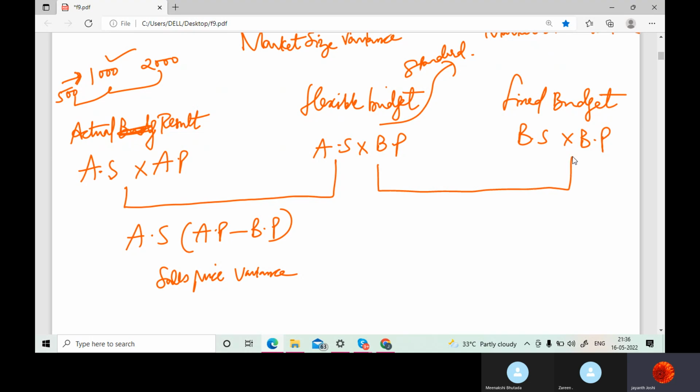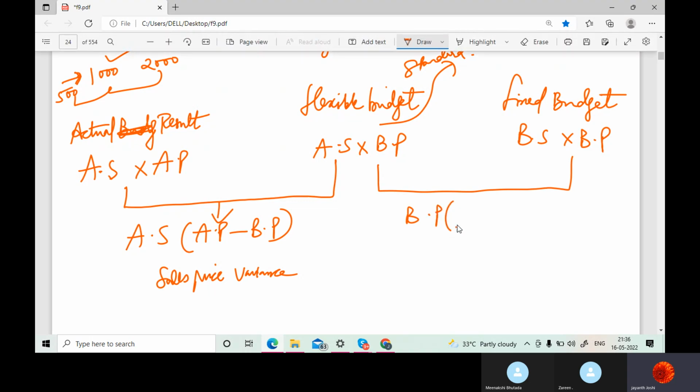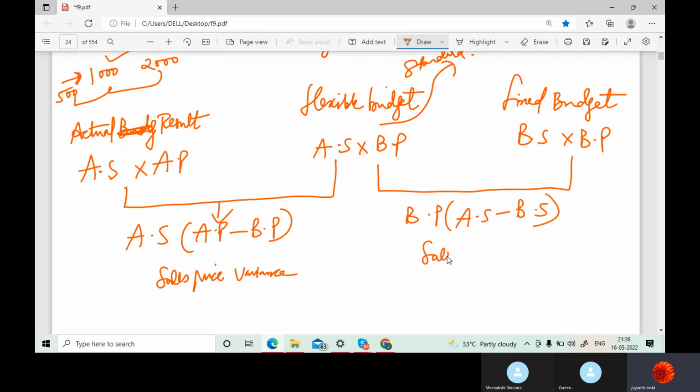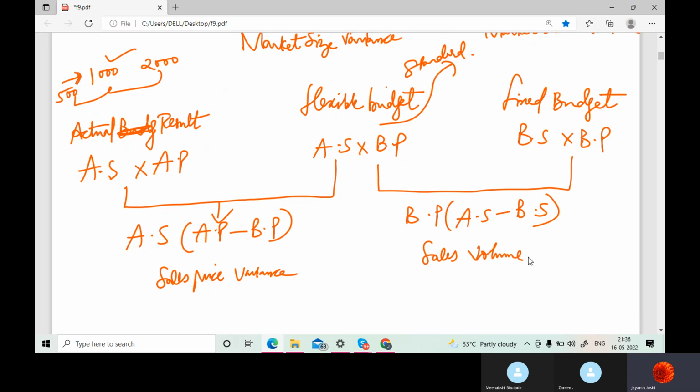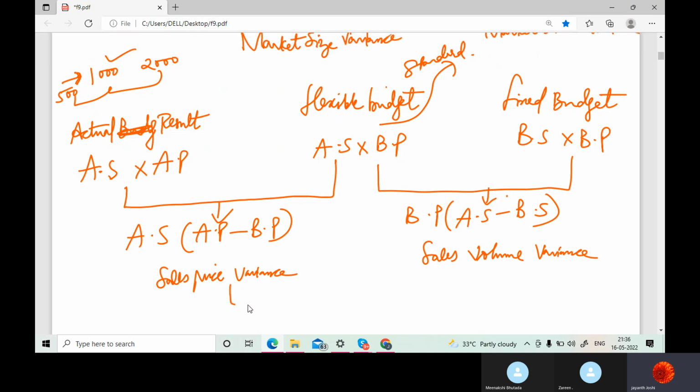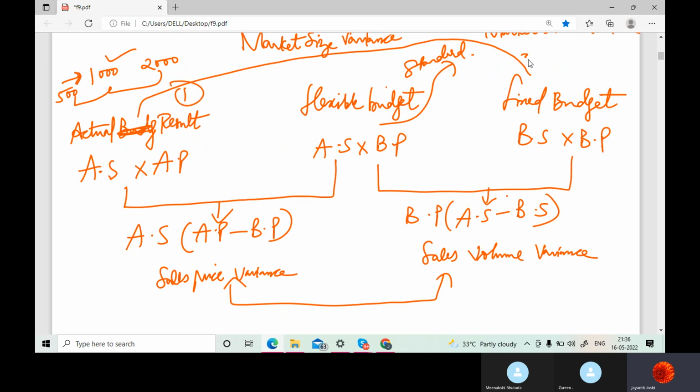And then again from here to here I'll take. Here budgeted price is common, and you have actual sales minus budgeted sales. So you get sales volume variance. And when you take these two, that is actual sales into actual price minus budgeted sales into budgeted price, this is 1 and this is 3.